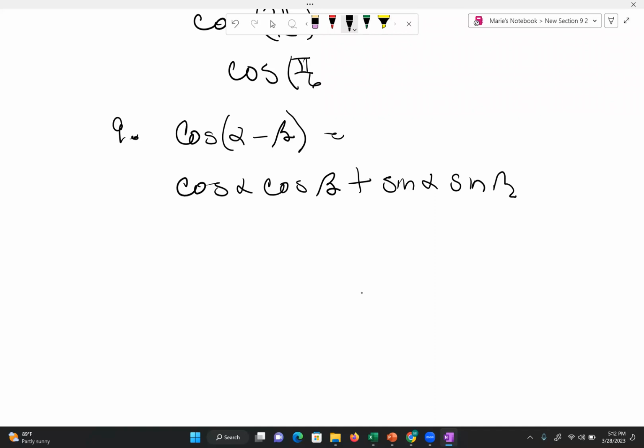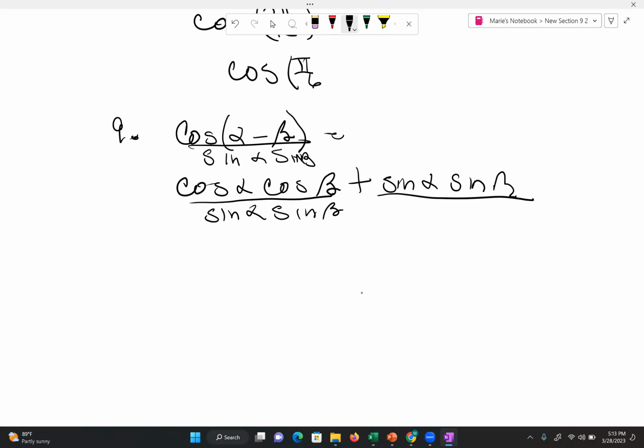and, I'm sorry, this is divided by, my bad, by the sine of alpha times sine of beta. So if I divide both of these sides, by the way, because that's addition, I'm going to divide this by sine alpha times sine beta on both sides. So this is sine alpha sine beta.